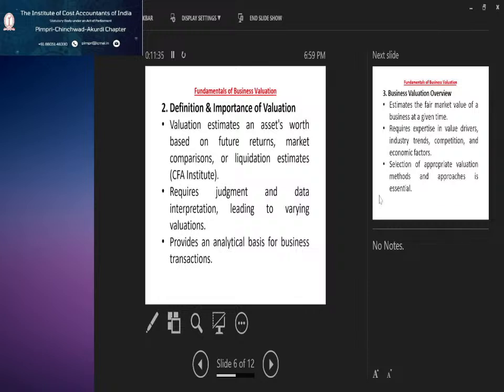If a particular company or business comes to a position of liquidation, then what is the assets' worth that will be generated based on the future returns of the organization? That's what it means.